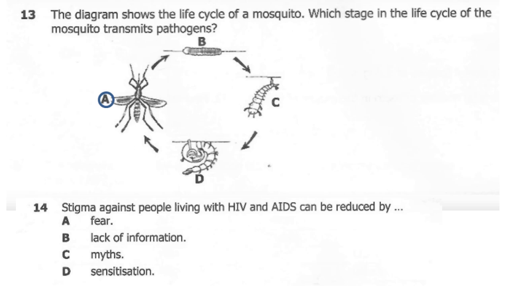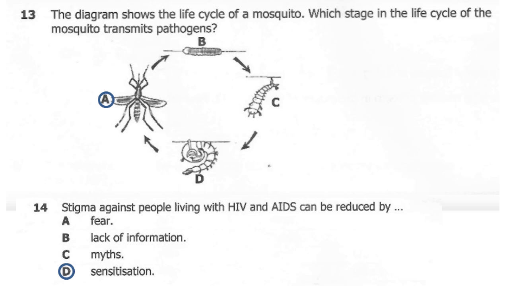So stigma against people living with HIV and AIDS can be reduced by D, sensitization. They have to be informed about their condition. So our answer will be D.